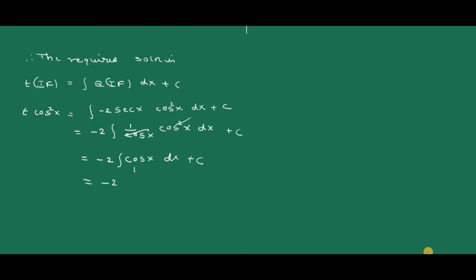It is sin x plus c. On the left hand side we have t into cos square x, and at last substitute the value for t. The t value is y raised to minus 2, so that is 1 divided by y square into cos square x is equal to minus 2 sin x plus c. This is the required solution.